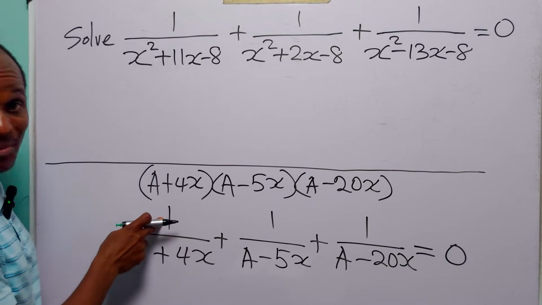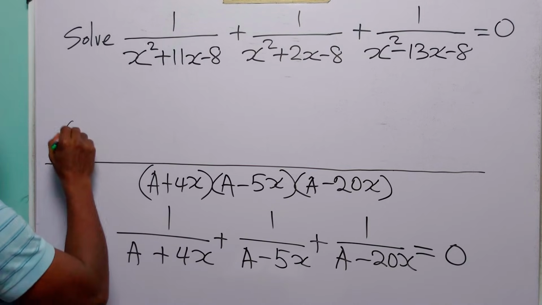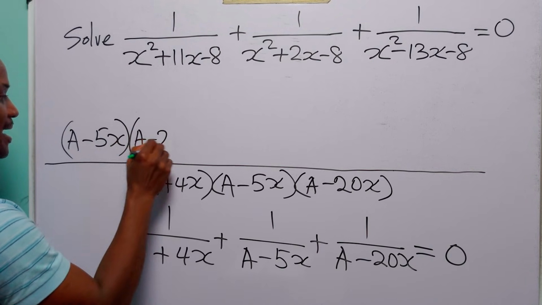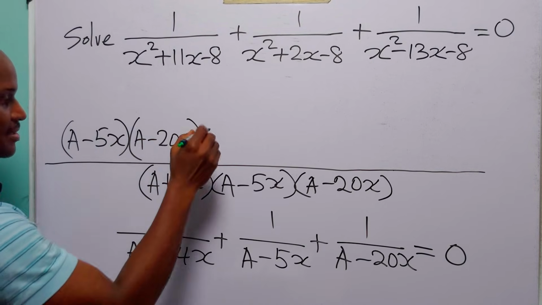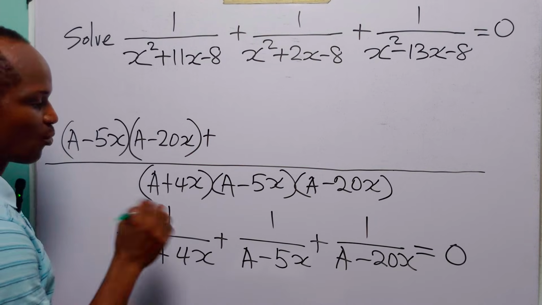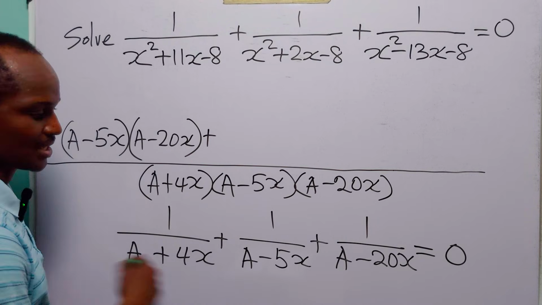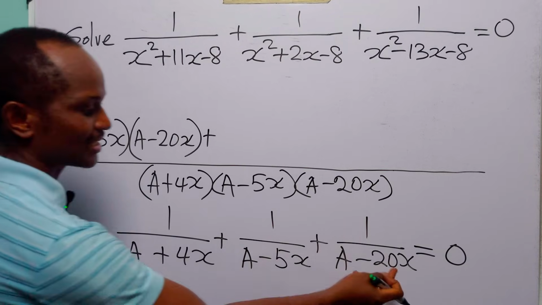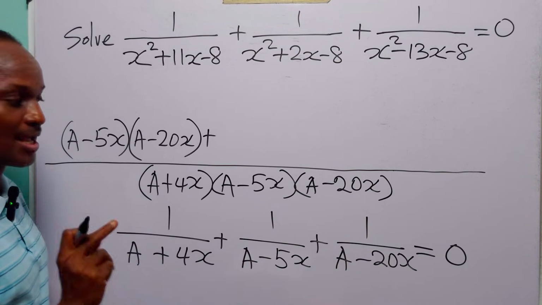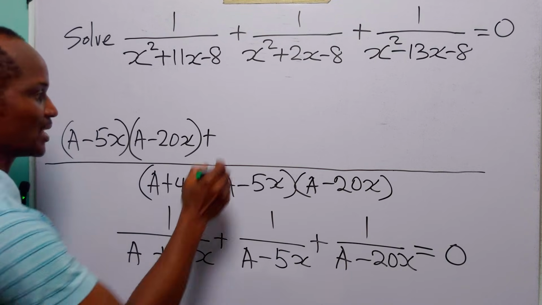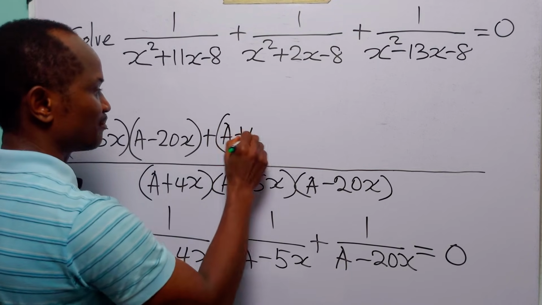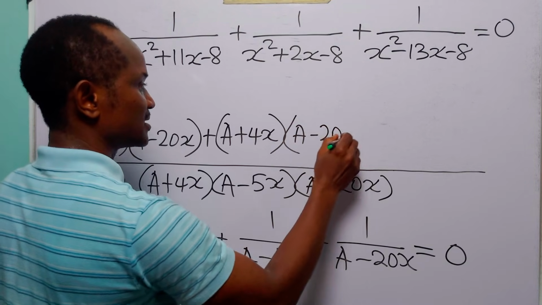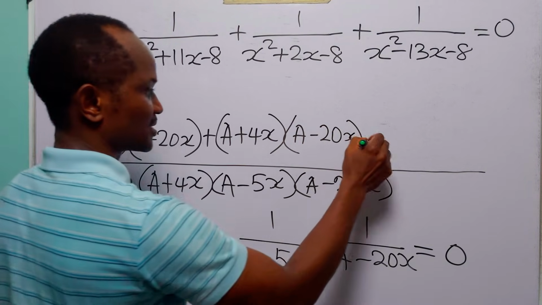And of course, when we multiply by 1, we have a minus 5x times a minus 20x plus. When we divide this product by a minus 5x, what we have is a plus 4x times a minus 20x. And when we multiply that by 1, we have a plus 4x times a minus 20x plus.